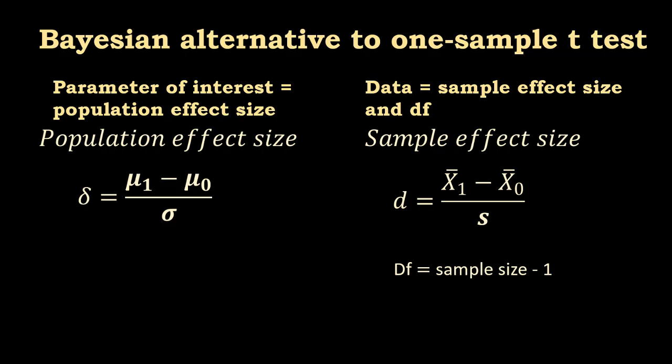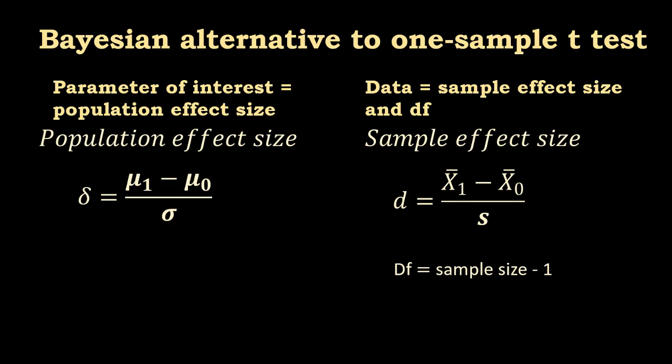We know that the mean IQ of a population is typically 100, because the IQ test is standardized for the mean to be 100. So we may decide to compare whether our sample is higher, lower, or the same as the population. That is the typical case of the one-sample t-test, and here the Bayesian alternative.